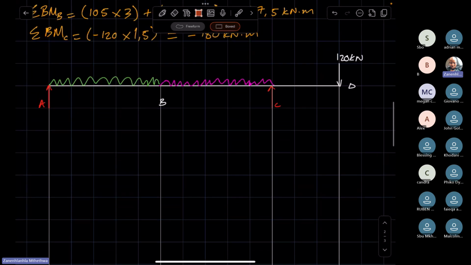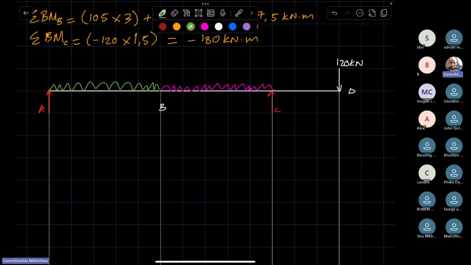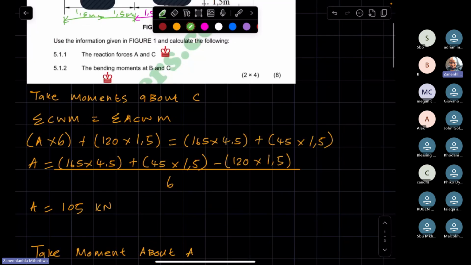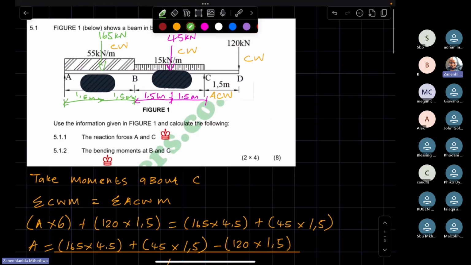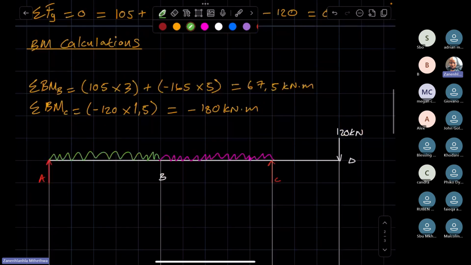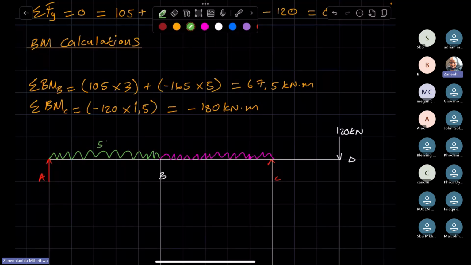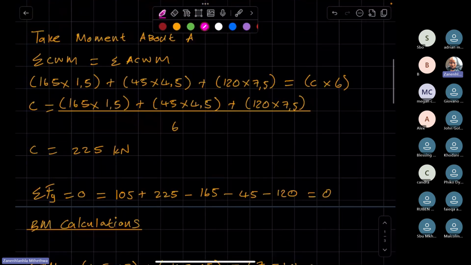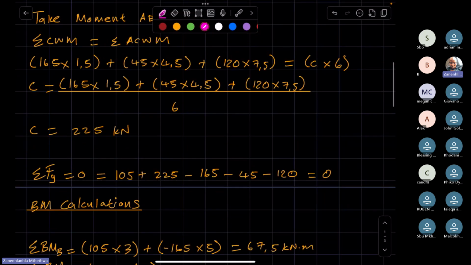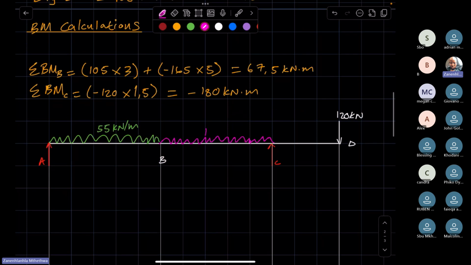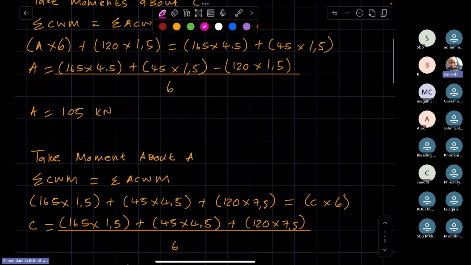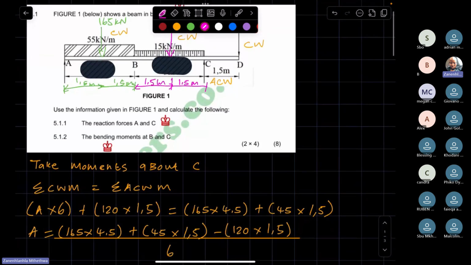Now this here is 55 kilonewtons per meter, and this one is 15 kilonewtons per meter.